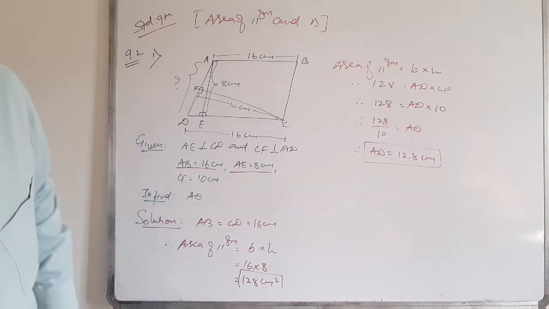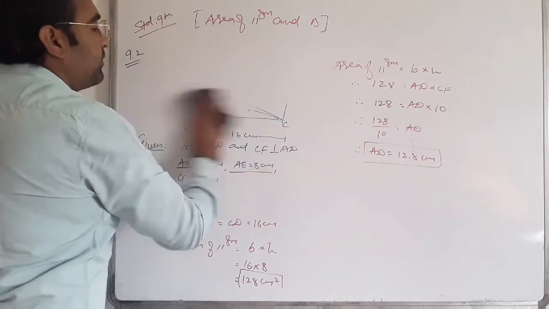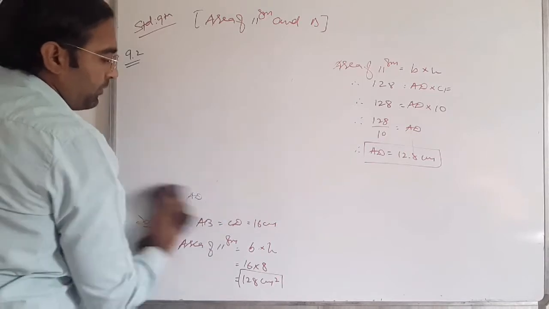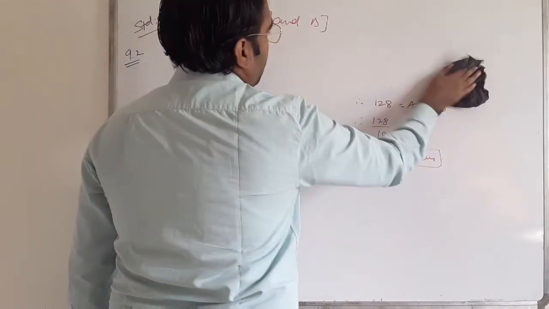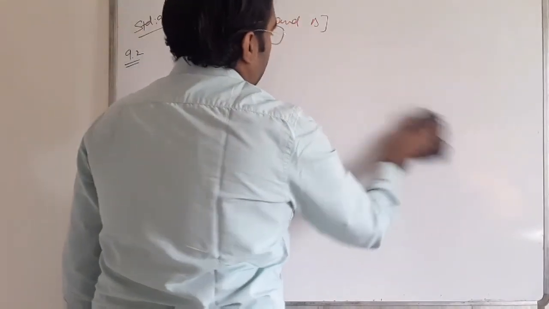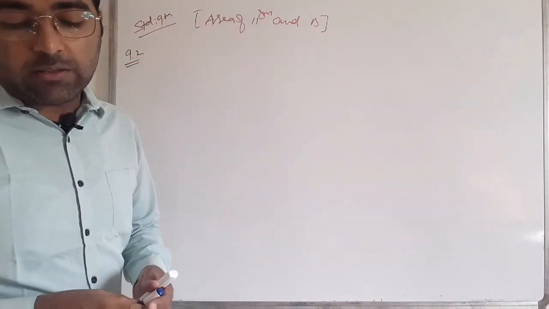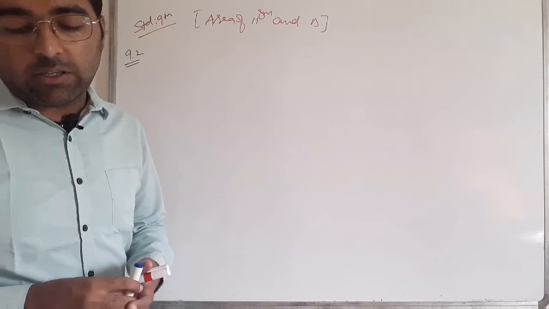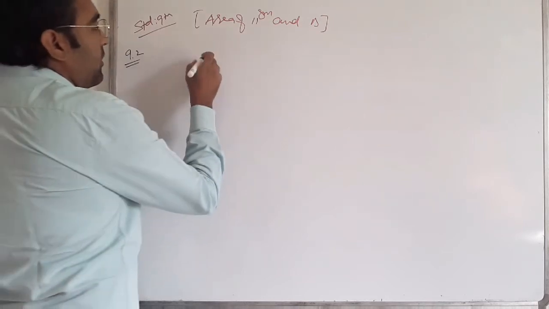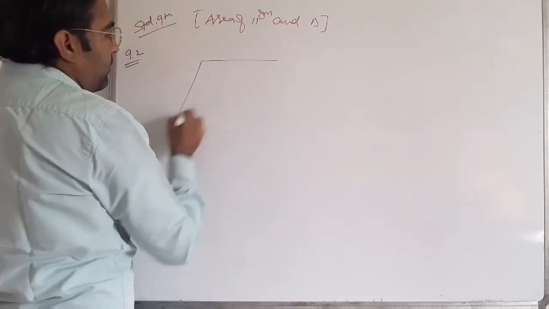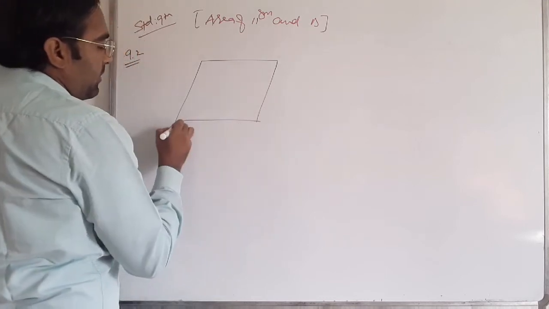Clear? Now we are moving to question number 2. E, F, G, H are respectively the midpoints of the sides of the parallelogram ABCD. So first of all we have to draw the parallelogram ABCD.